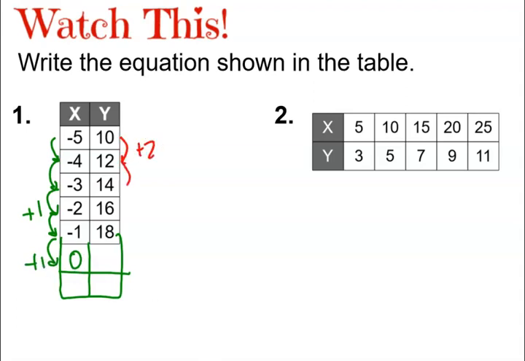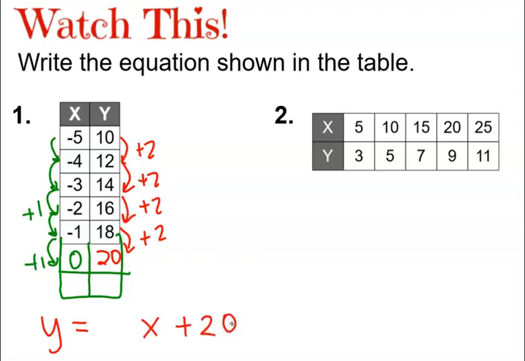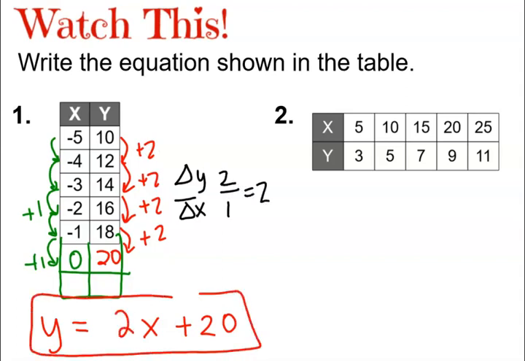Plus 2, plus 2, plus 2, and if I just plus 2 again, I would get that y-intercept. So my y-intercept is going to be 20. And my rate of change is the pattern I found in red and green. And 2 over 1 is 2. So my equation for that table is 2x plus 20.